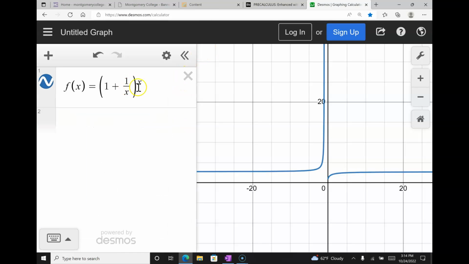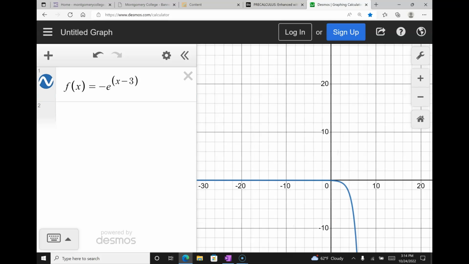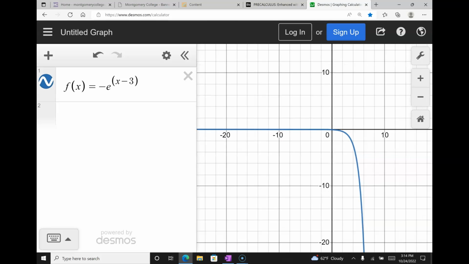So f of x equals negative e raised to the x minus 3. What's making it move down instead of up? That leading negative, right? Remember, that's an outside negative. So it's taking the y values and taking the positive ones and turning them to negative. Does that make sense? Outside is y's, inside is x's, right?